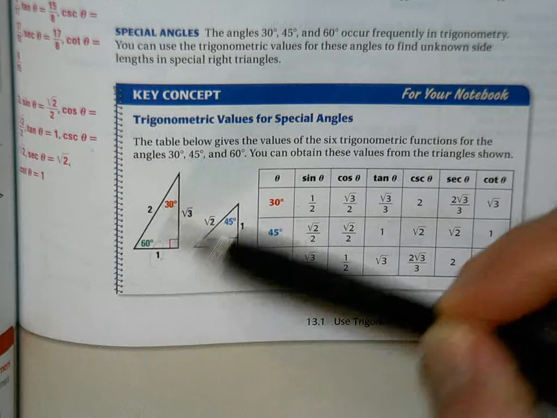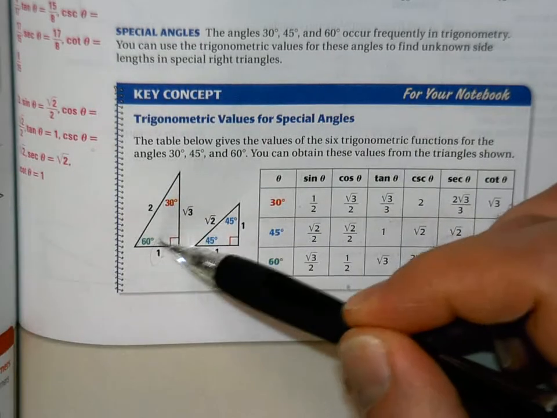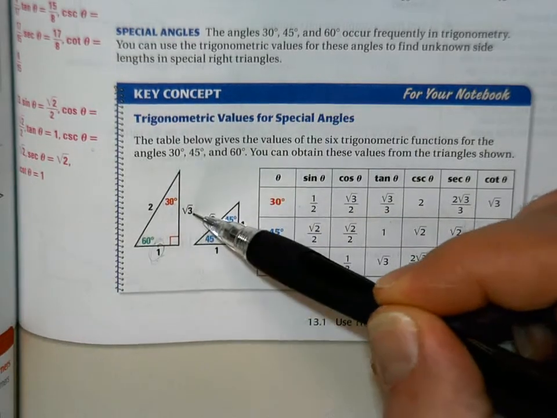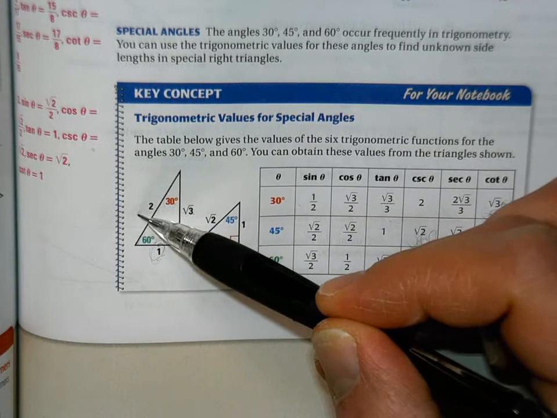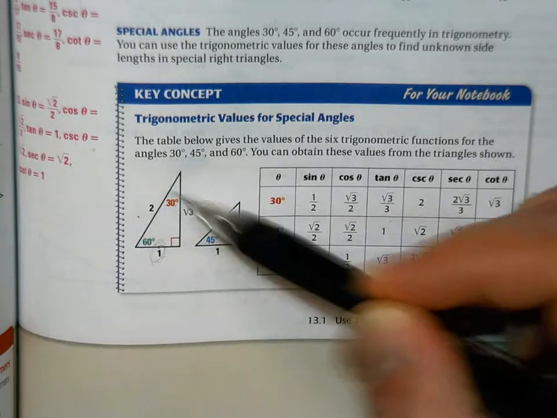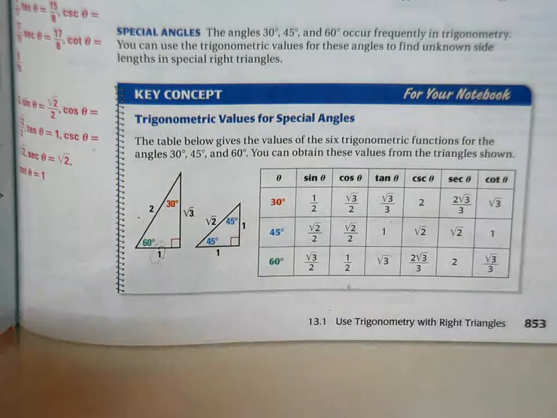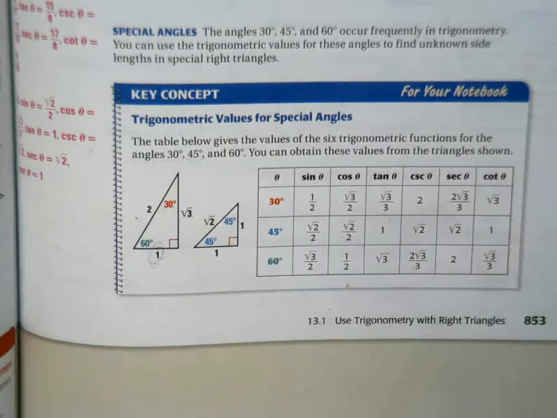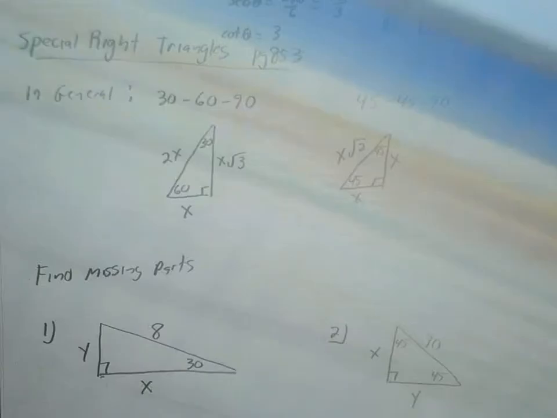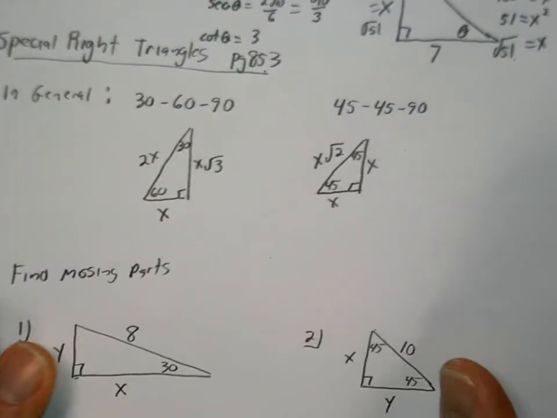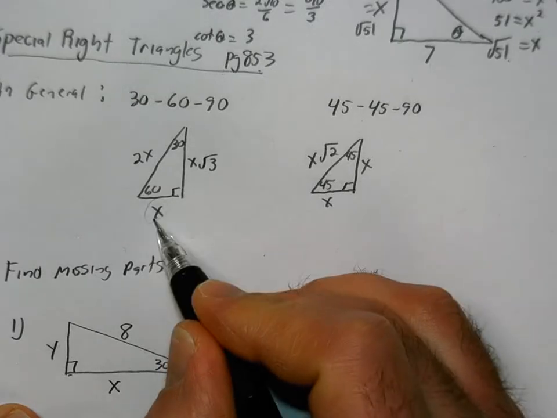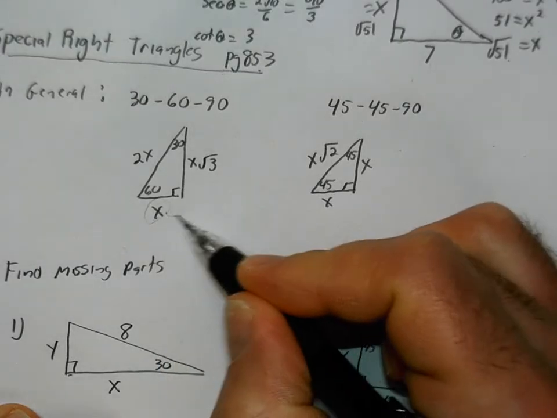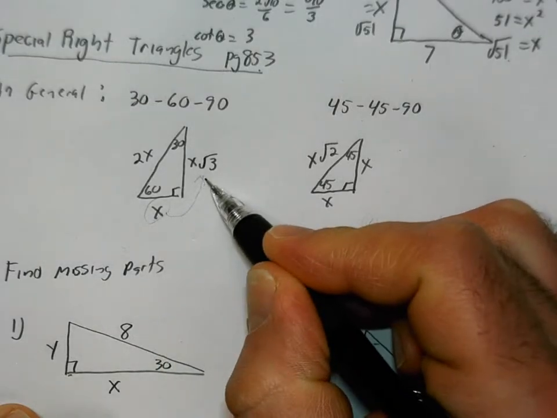For a 30-60-90 triangle, if the short leg is 1, the long leg is the square root of 3, the hypotenuse is 2. Because there's a relationship here, and I've got it written. In general, whatever the short leg is, you multiply that by the square root of 3 to get the long leg.